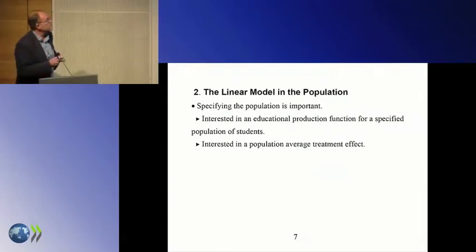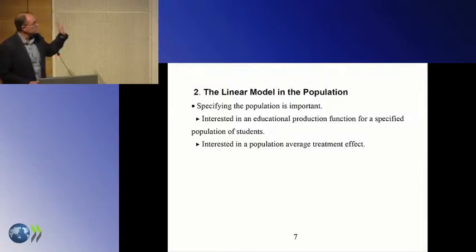Okay, so I'm going to start off by reminding you that specifying the population is important. For a lot of reasons, when you do treatment effect estimation, you should make sure that the population that you're talking about actually is an interesting one, that the units could actually be subject to the treatment. More to the point here, though, is that once you know your population, then you know hopefully how the sample was obtained from that population.